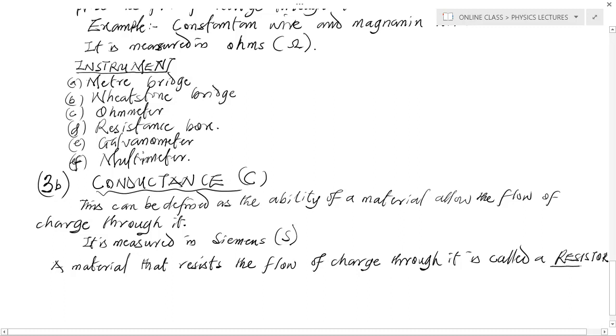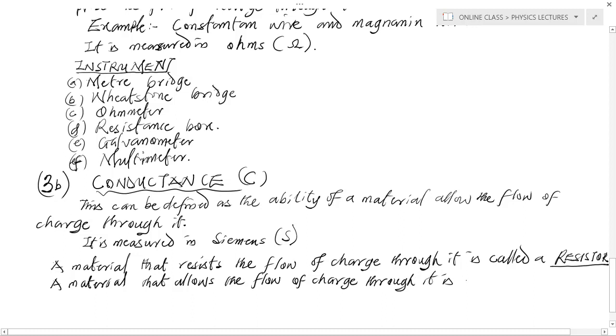See that? A resistor. While a material that allows the flow of charge through it is called a conductor.